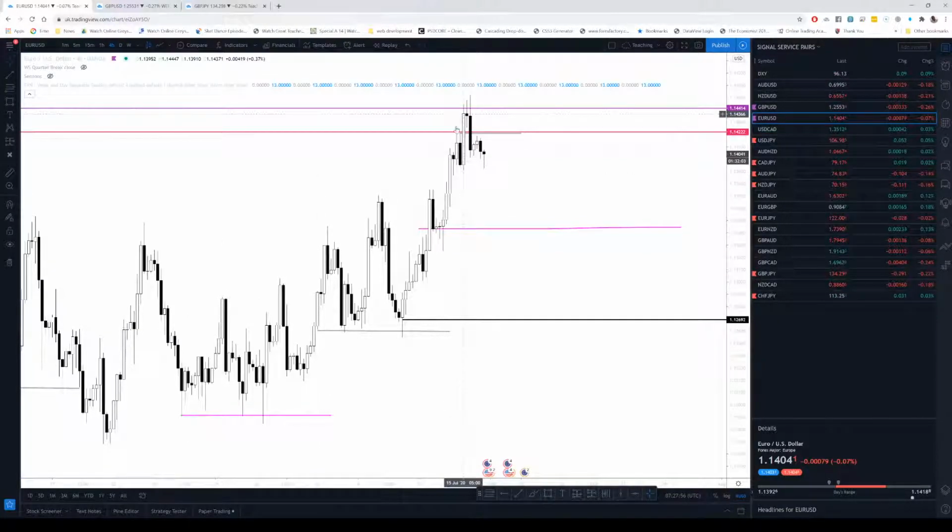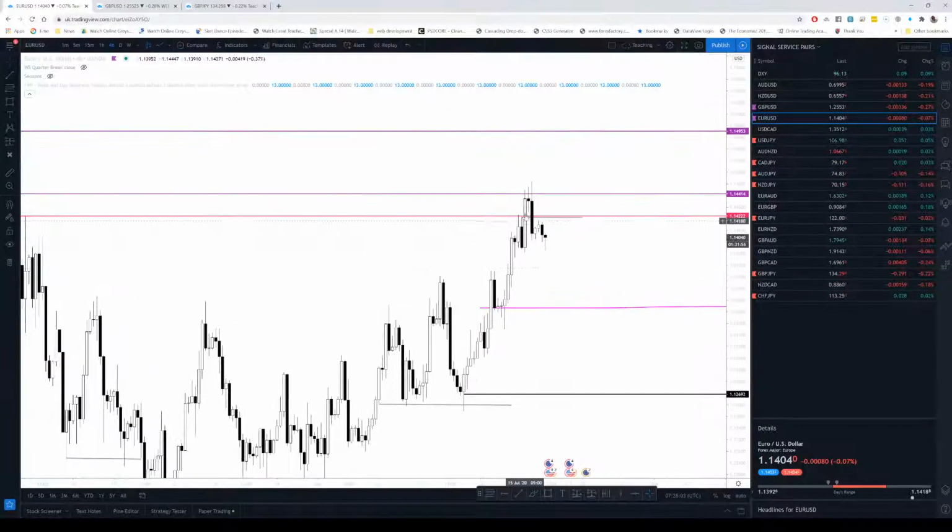Yesterday I wanted price to break this, come back down, retest this, and a continuation to the upside. We are still within that candle. Yeah, this down candle just spiked a little bit outside it, but we're still within that candle here. There is a tiny little gap that I like.